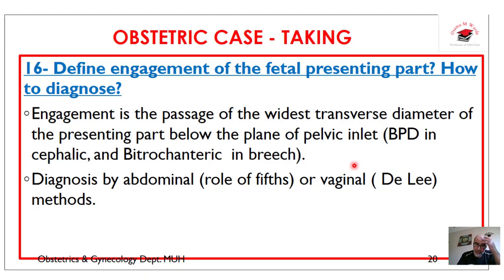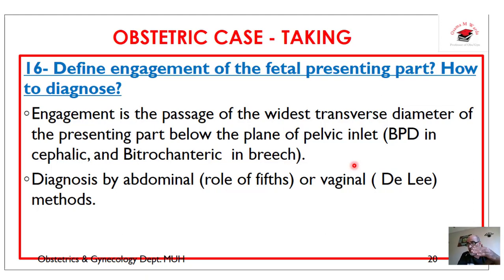Another method for diagnosis is the station. We divide the pelvis into planes, starting from the plane of the ischial spine, which is the plane of the least pelvic dimensions. The ischial spine is at station 0. Above the ischial spine towards the pelvis is -1, -2, -3, -4, and so on.